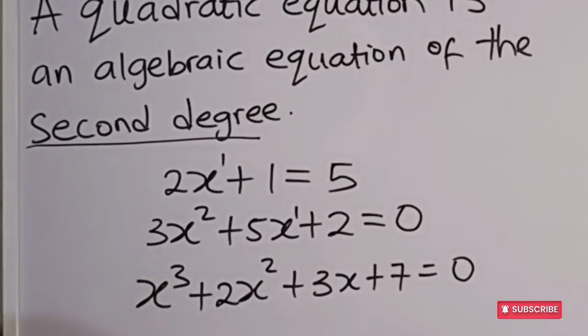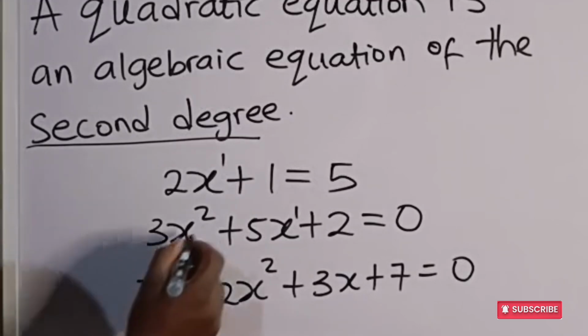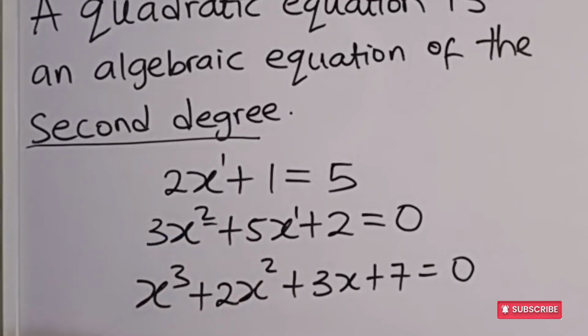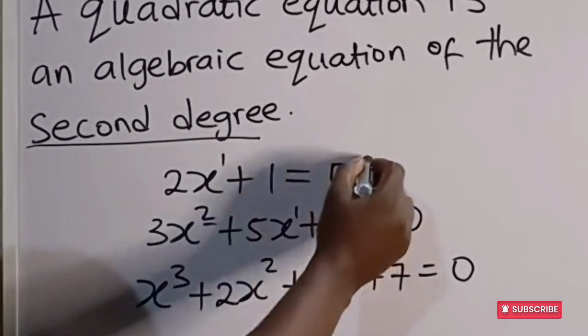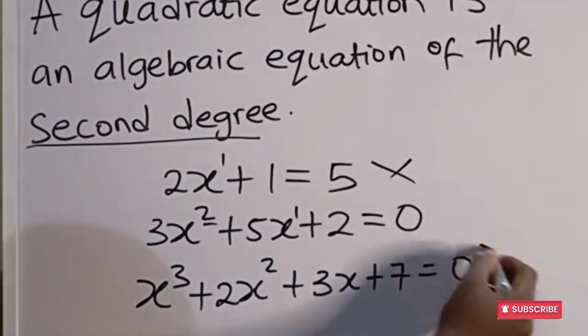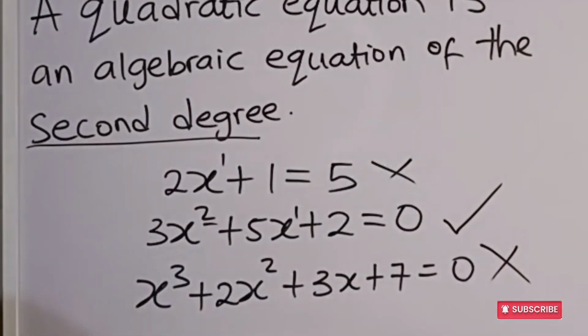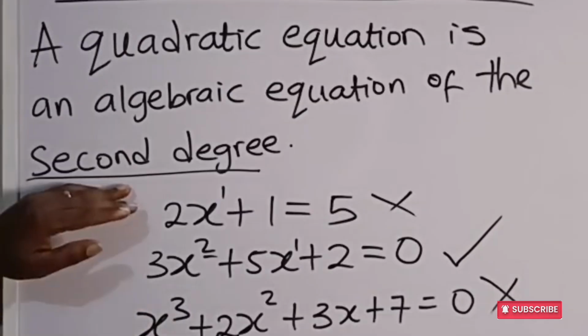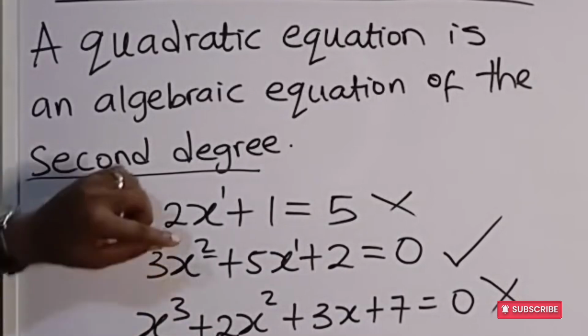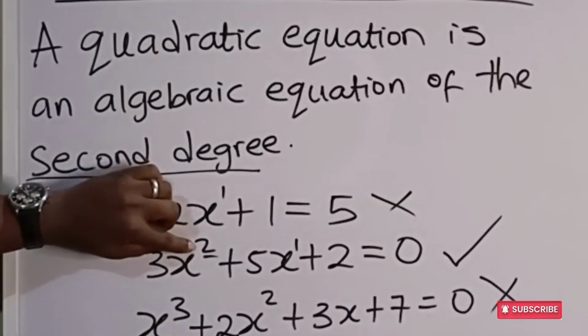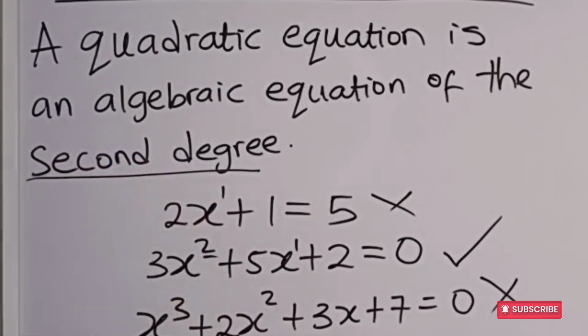So for an equation to be considered a quadratic equation, the maximum exponent has to be 2. So out of these three equations, this is not a quadratic equation, this is not a quadratic equation, this is a quadratic equation. So a quadratic equation is an algebraic equation of the second degree, meaning the maximum exponent of the variable is 2. Okay.